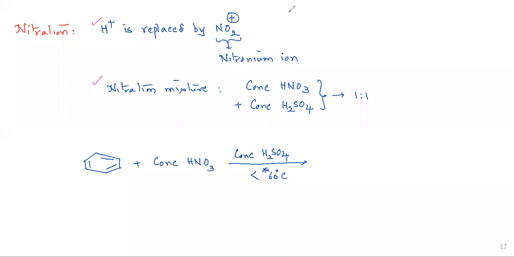But this is very important: when you carry out this reaction at a temperature below 60, then only you get nitrobenzene. The important thing is the temperature has to be below 60.